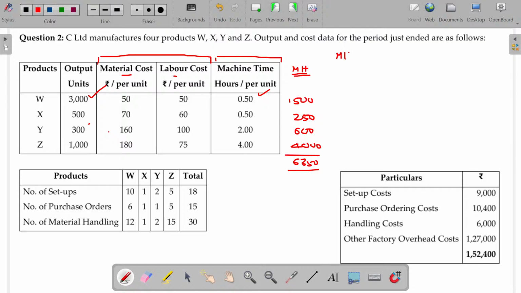Then the machine hour rate should be overhead divided by total machine hours. Overhead being 1,52,400 divided by machine hours being 6,350, the per hour rate is 24. Is that okay?